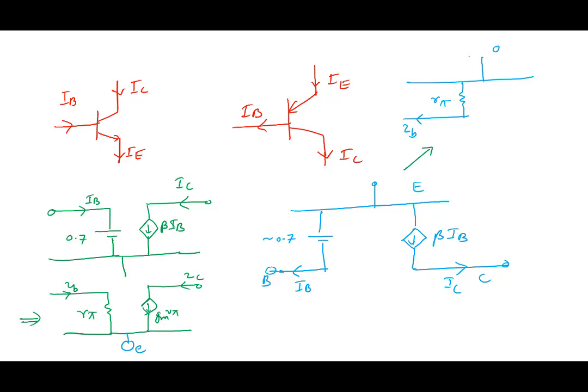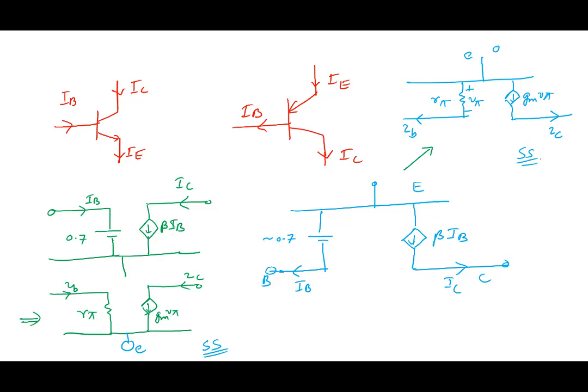This is the emitter, and we put here GM V pi, and the collector current is going like this. We put plus here and plus here we put V pi. Right? Same analogy. This here is the small signal model, SS model is here, and small signal model is here.